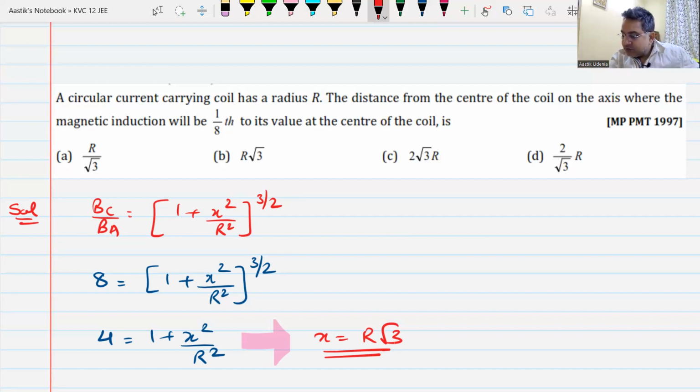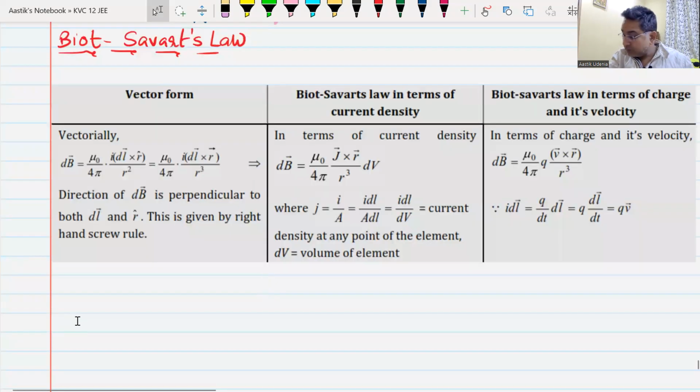So now I'm going to show you all those forms together in one table. And this is how that form looks like.